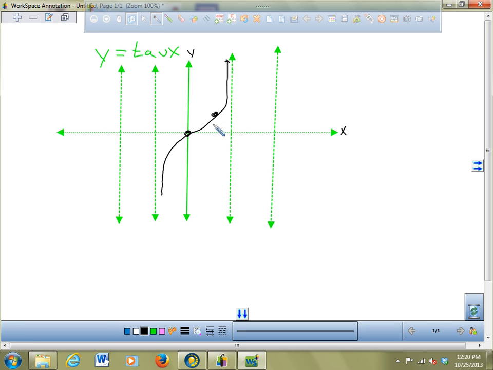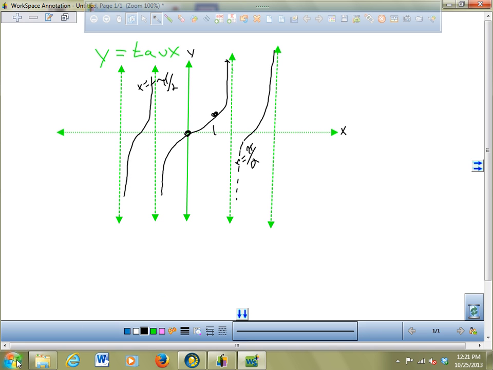This is x equals pi over 2, and this is x equals negative pi over 2. So you have asymptotes every pi over 2, and it repeats itself. It keeps going on forever and ever, and makes little squigglies.